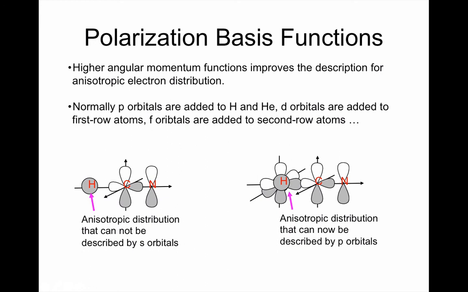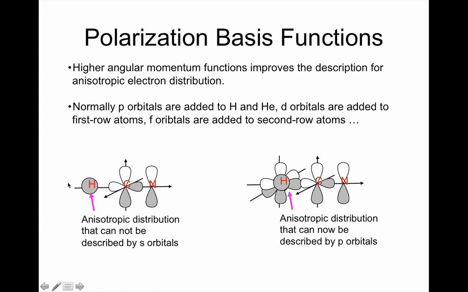But in reality, we would expect the charge distribution on hydrogen to become perturbed by the electric field created by the atoms here, by the electrons on the nitrogen and the carbon atom, meaning that we would expect the charge distribution here to deviate from being spherically symmetric.